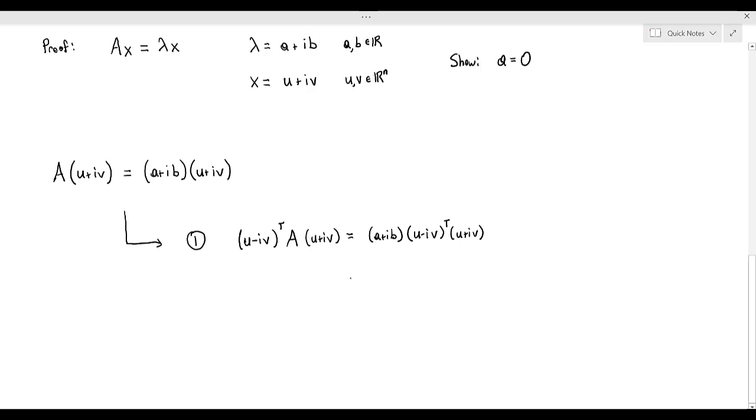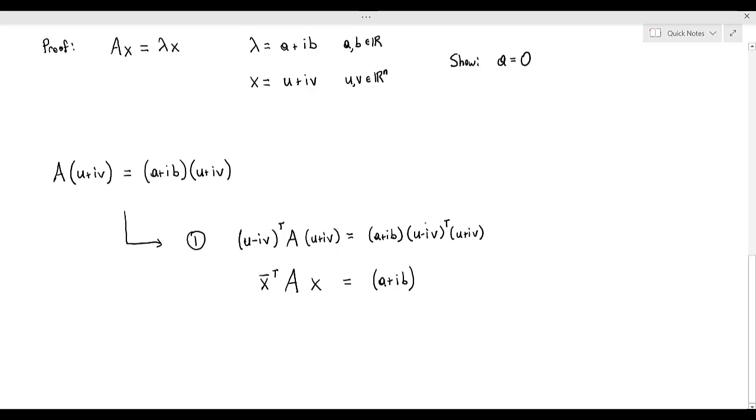So when I do this, let me shorthand this a little. This part on the left is not super important, so I'm just going to write it as x conjugate transpose Ax. Now on the right here, I'm going to continue writing the eigenvalue a plus ib.